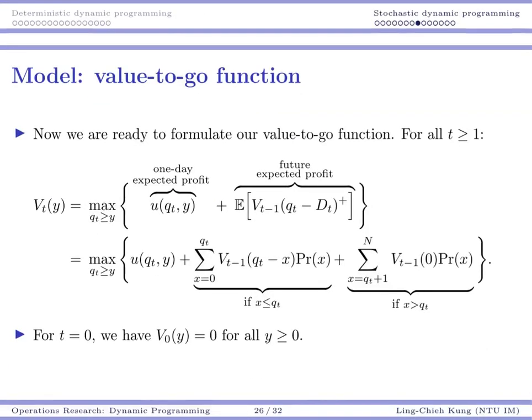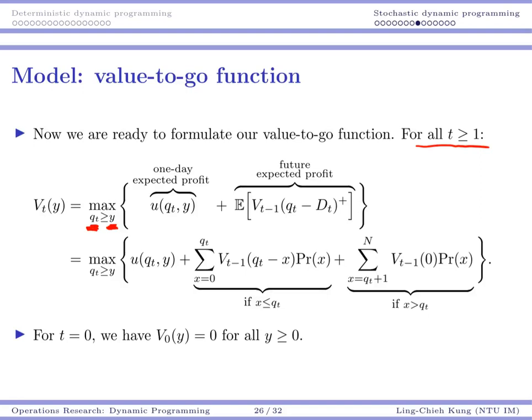So with all of this, now we are ready to formulate our value-to-go function. Let's take a look. For any period t that is greater than 1, we are given y as our initial inventory amount. We somehow need to decide an order-up-to amount, so it's going to be at least y.